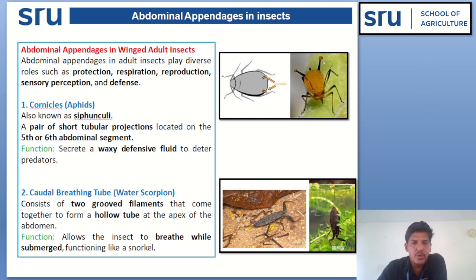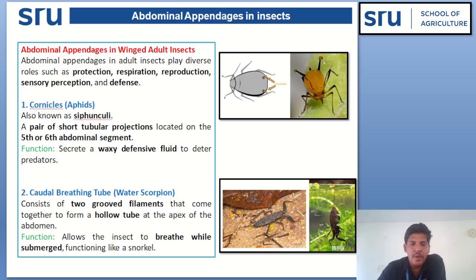Now we will see about abdominal appendages in winged adult insects. Abdominal appendages in adult insects play diverse roles such as in production, respiration, reproduction, sensory perception and defense.